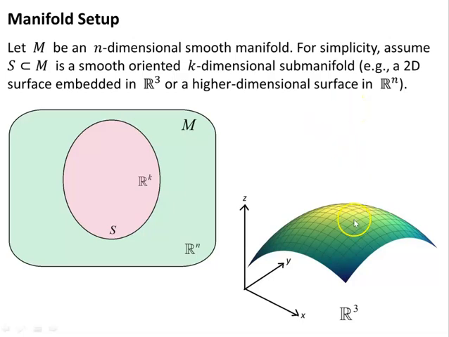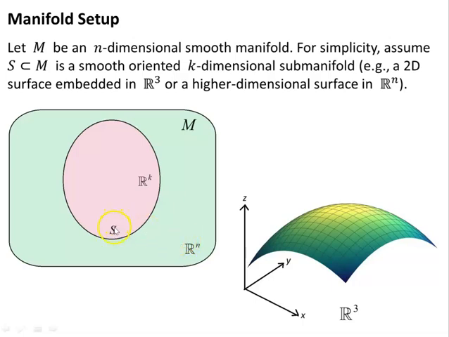In the last video, I looked at the surface integral involving a 2-dimensional surface embedded in 3-dimensional R3. This video is about surfaces of arbitrary dimension embedded in Rn, where n is arbitrary.